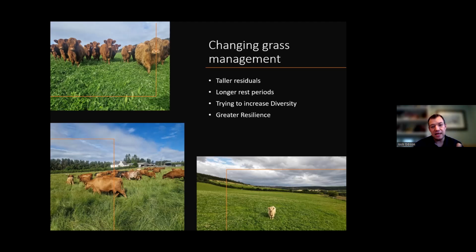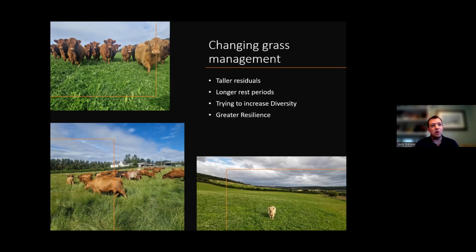And I quite like that 30-day rest because it helps push us beyond a parasite burden in a lot of cases. And it gives us slightly taller covers, which makes us more resilient to increasing weather changes. I'm conscious that I'm talking about more challenging weather when we've just seen some of the weather that we've seen in Southern Europe at the moment, and we get off very lightly here.